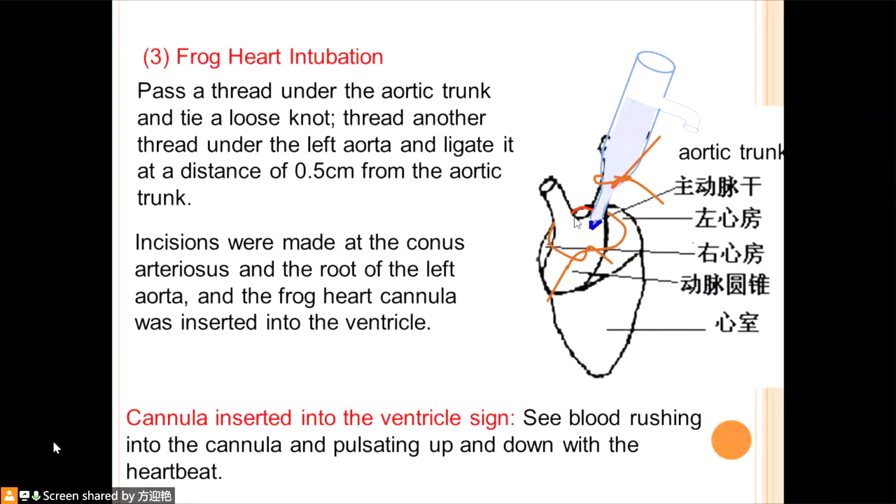If there is no blood pumping, maybe it is blocked, and then we should move the cannula. If there is pumping, it means that it is in the heart. We can see it pulsing up and down with the heart beating, and pumping up and down means that it is in the ventricle. Yeah.